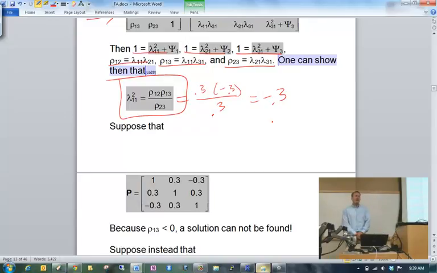Can that happen? I don't know how you can take a square of a number and get a negative number in the end. So this is another problem that occurs with factor analysis, that you can have particular situations like this that cannot exist.